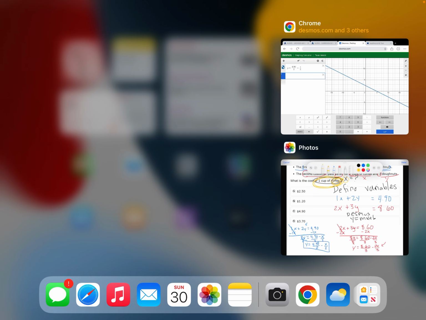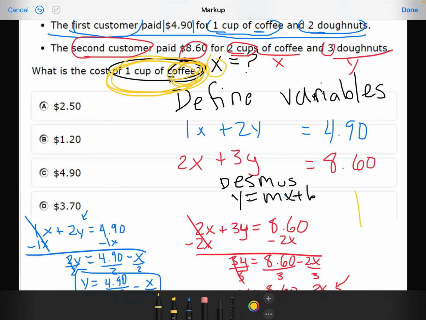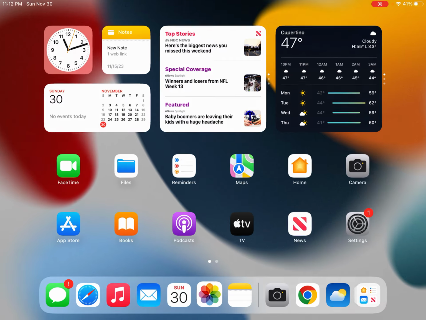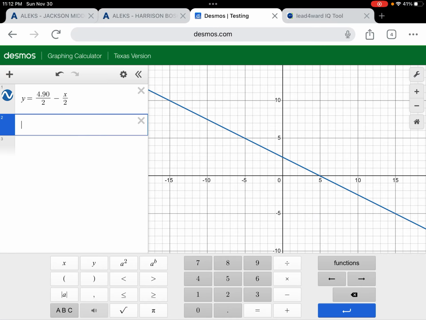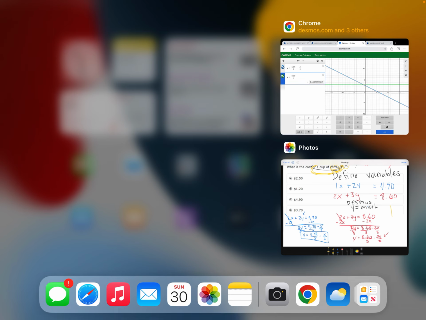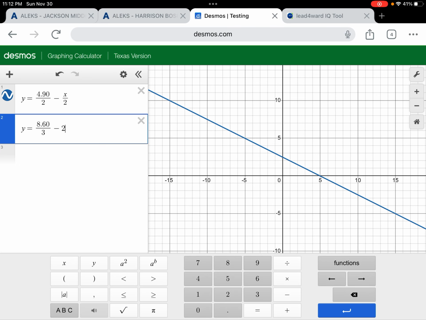Our second line, the one in red that I'm looking at, said y equals 860 divided by 3, or 8.60 divided by 3, minus 2x over 3. Y equals 8.60 divided by 3 minus 2x divided by 3.